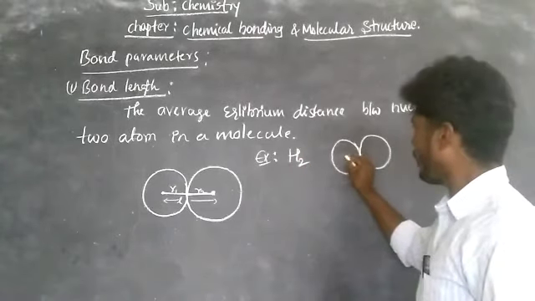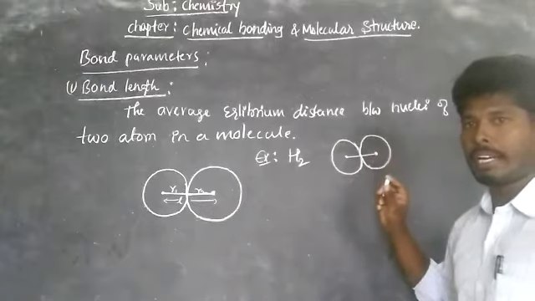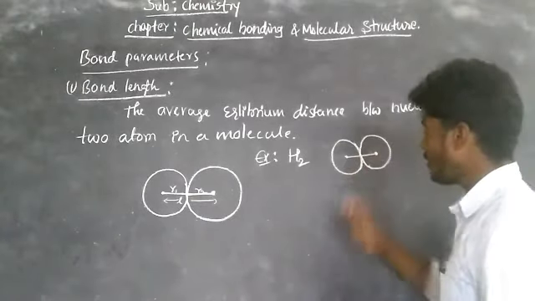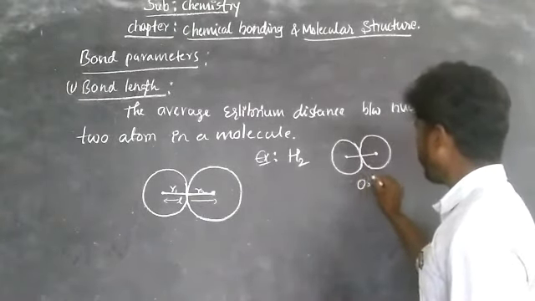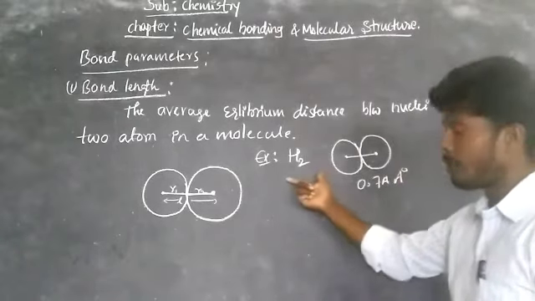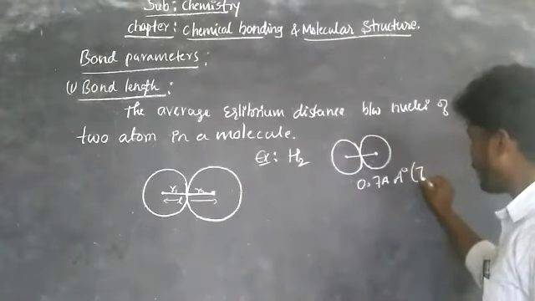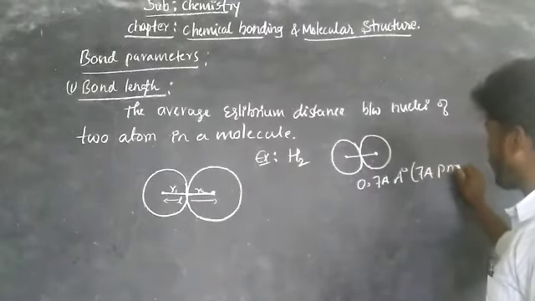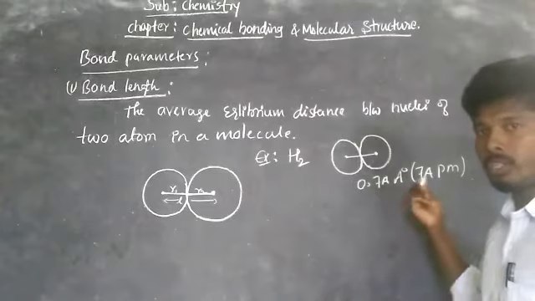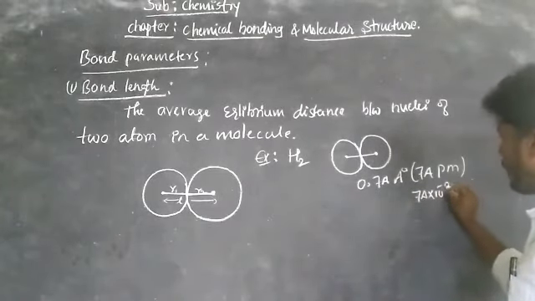Now the bond length between the two identical atoms, that is a homonuclear diatomic molecule, is 0.74 angstroms. In the hydrogen molecule the bond length is 0.74 angstrom. It means 74 picometers. Pico means 10 power minus 12 meters. That is 74 into 10 power minus 12 meters.